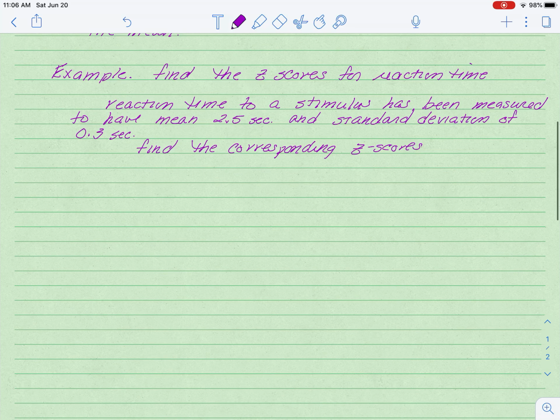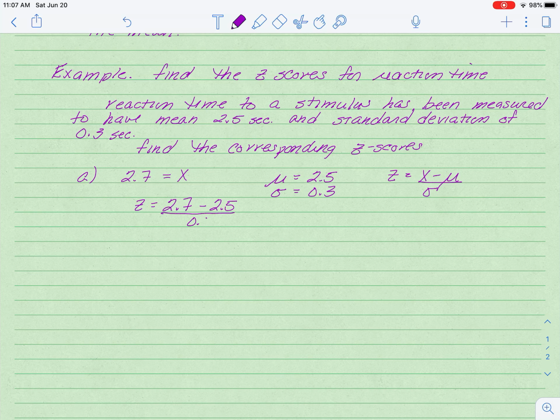The first one is if they give you that their data point x is 2.7. So that data point is the x value in the formula. And remember, the formula is z equals x minus mu over sigma. So z equals 2.7 minus the mean, which is 2.5, over the standard deviation, 0.3.